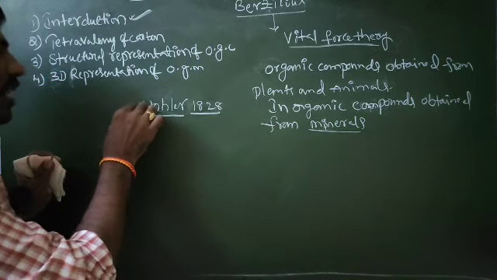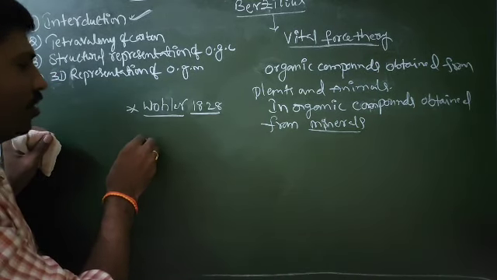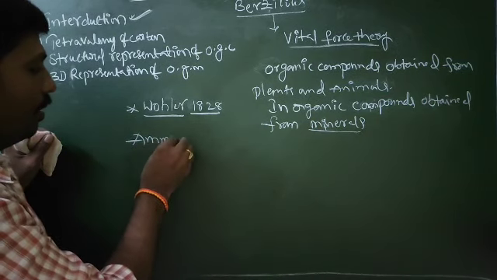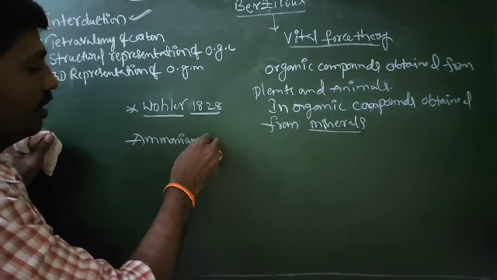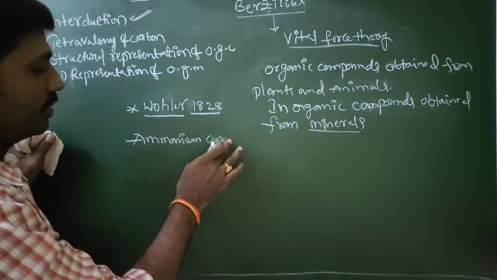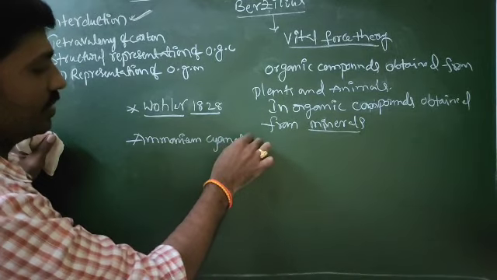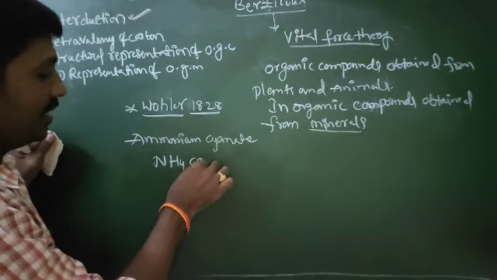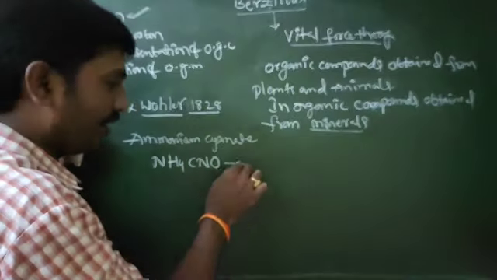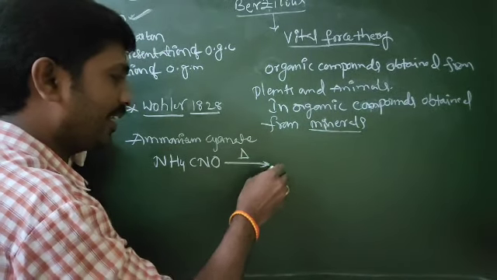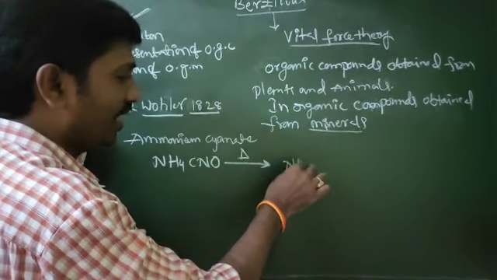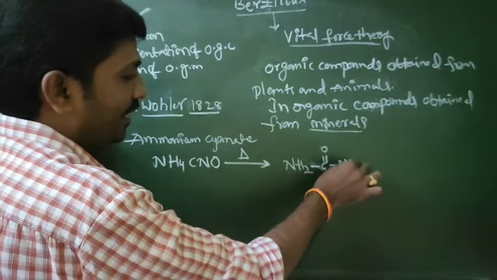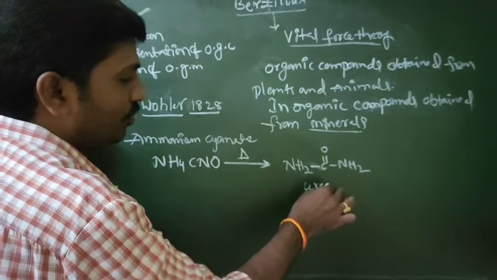He proved that with an inorganic molecule, that is ammonium cyanate, formula NH4CNO, on heating ammonium cyanate in the laboratory, he obtained urea, C double bond O, NH2 twice. This compound is urea.